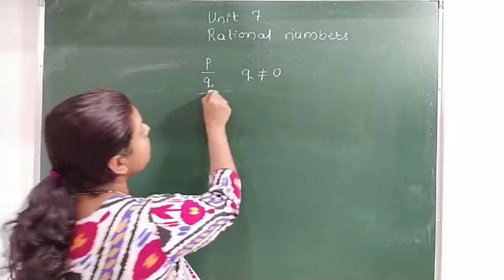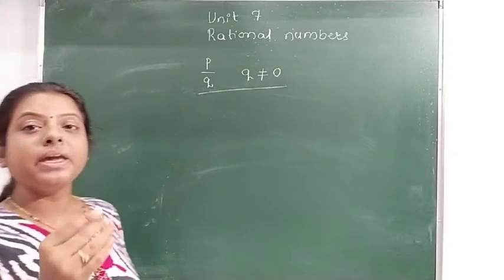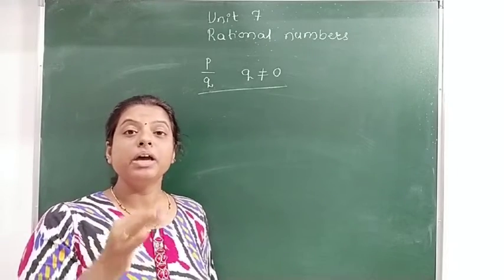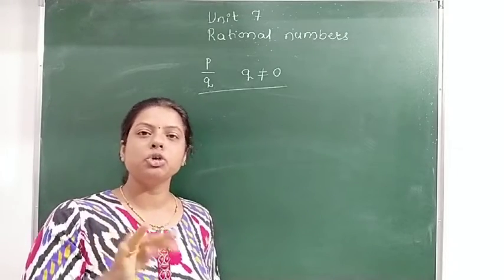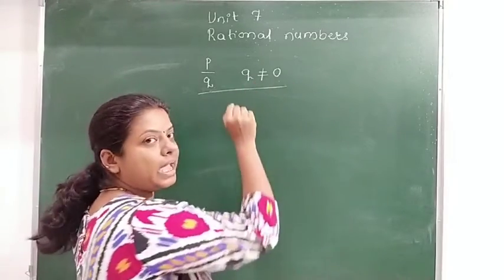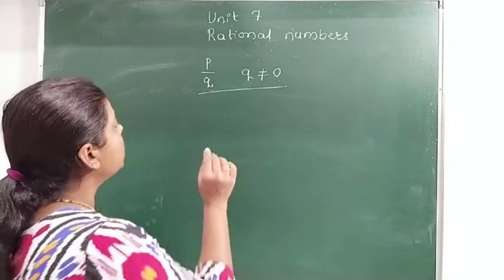This we call rational numbers. Here P and Q must be integers, meaning containing positive or negative sign, except that Q is not 0.